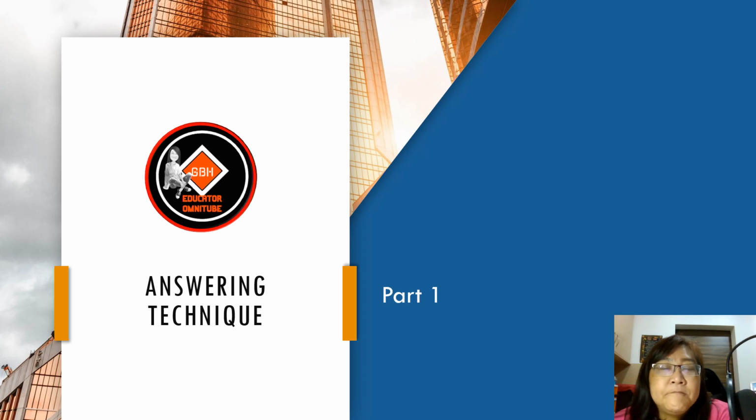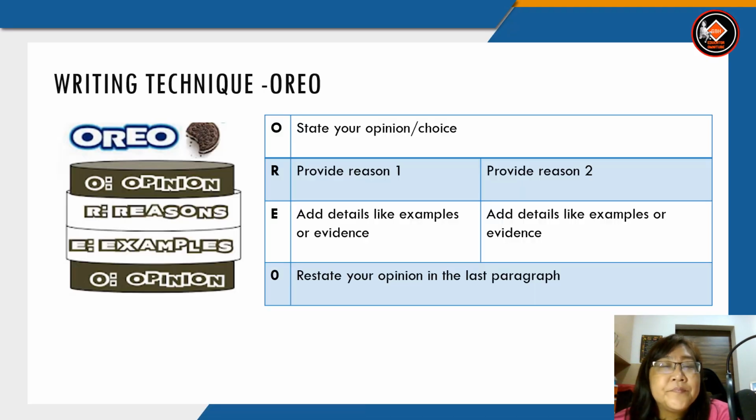So let's look at the answering technique. To answer this part, it is advised that you use the writing technique called OREO. So OREO, there are 4 letters O-R-E-O. O stands for opinion, R reasons, E examples or evidence, and the last O is opinion. For the first O, state your opinion or your choice.